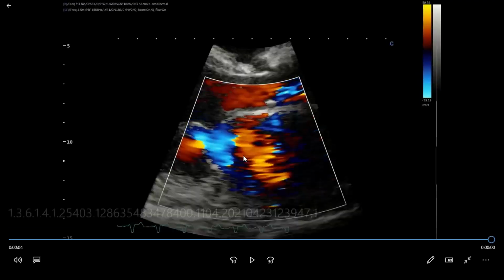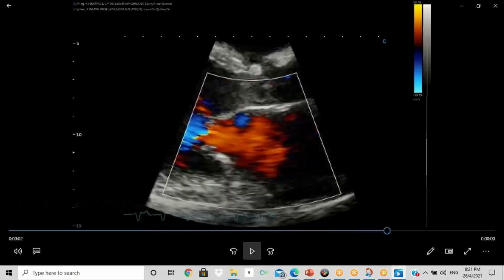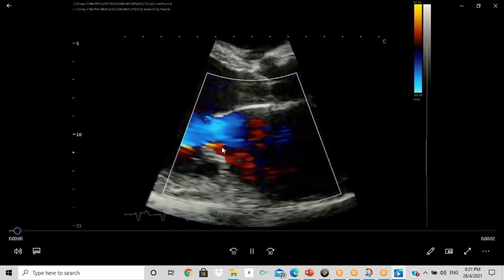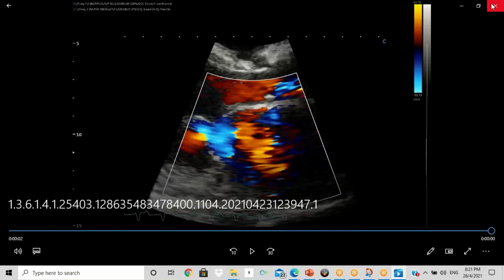Again, going back, this mosaic color is a mitral regurgitation. It is flow from the LV cavity across the mitral valve into the left atrium. It's mainly a bluish color because it's moving away from the transducer.